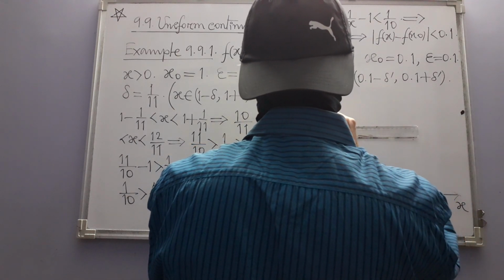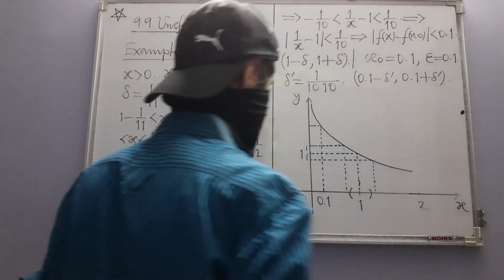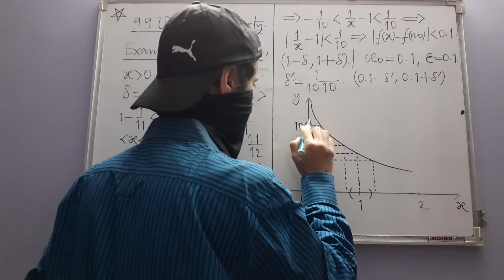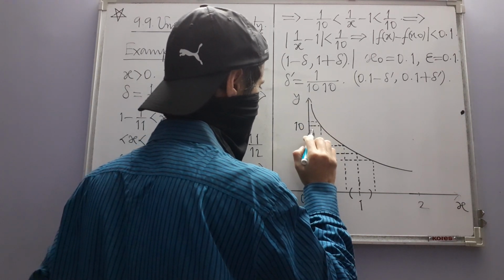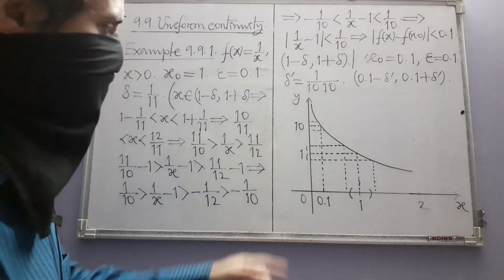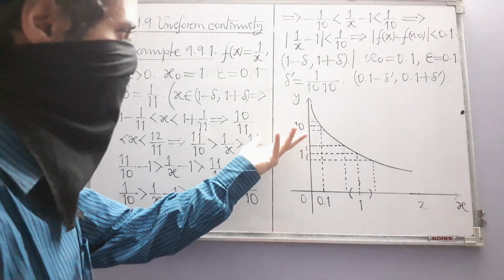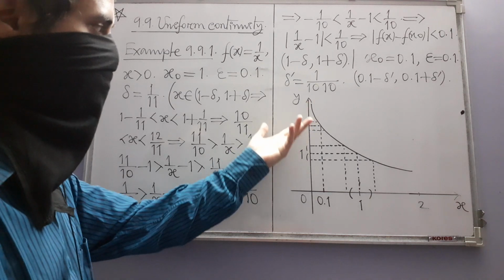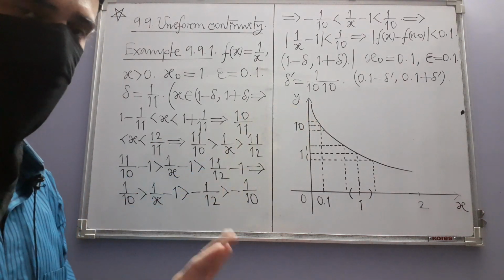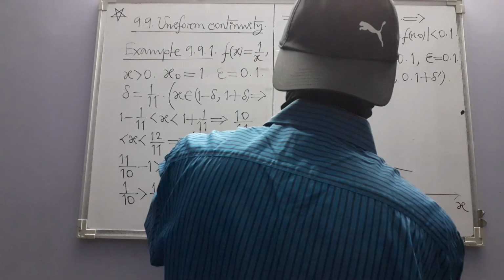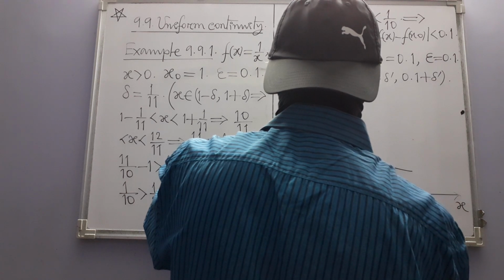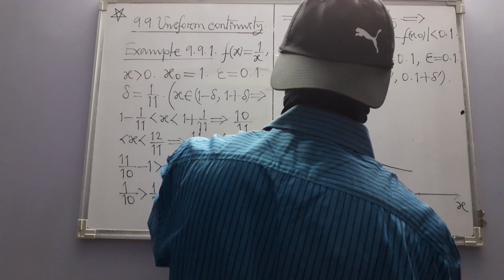Now the function value is quite large. It is 10 actually. Now here if I want that kind of error tolerance, that is, if I still want the f(x) values to be 0.1 close to 10, now the output has changed. So you can see that now that strip is much smaller.